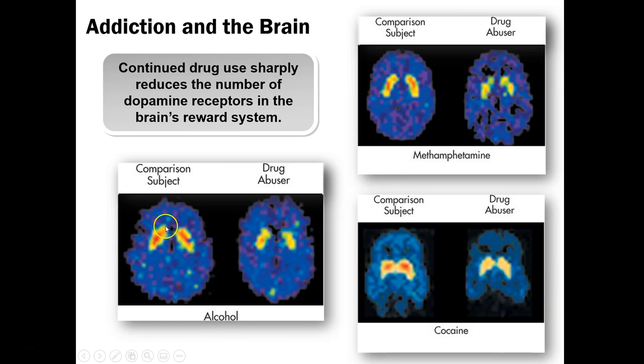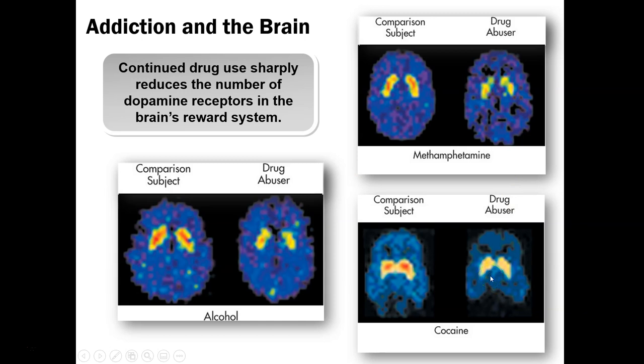PET scans illustrate brain activity. The red areas are where higher brain activity is occurring and yellow areas are less. As you can see, there's less dopaminergic activity in drug abusers of alcohol, methamphetamine, and cocaine than in their normal counterparts.